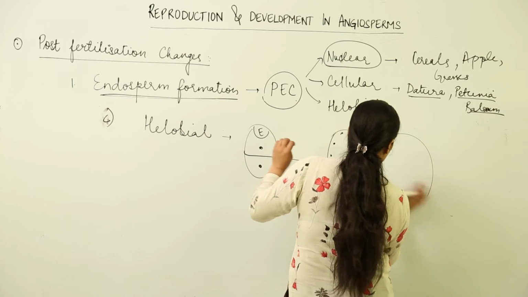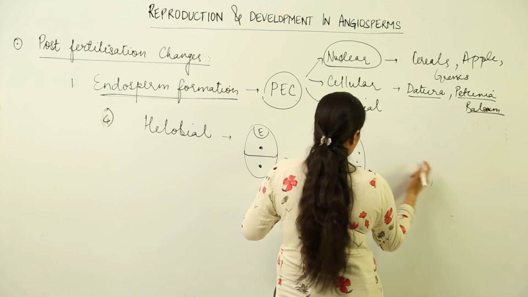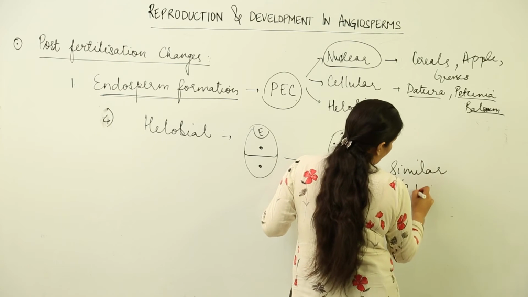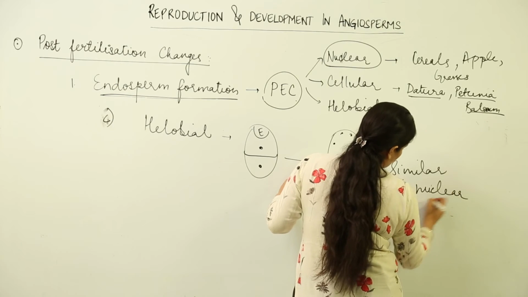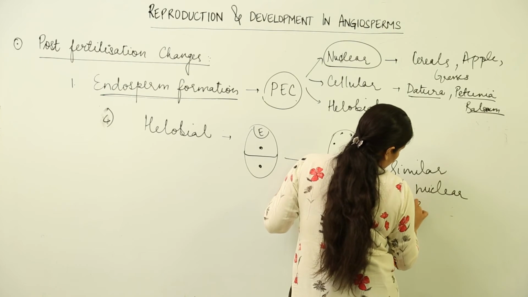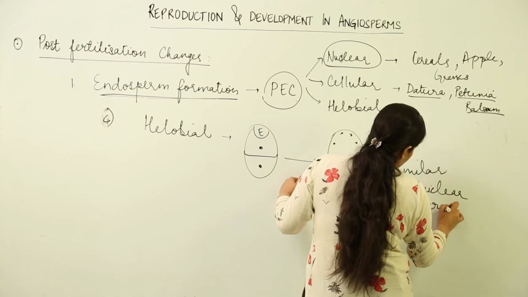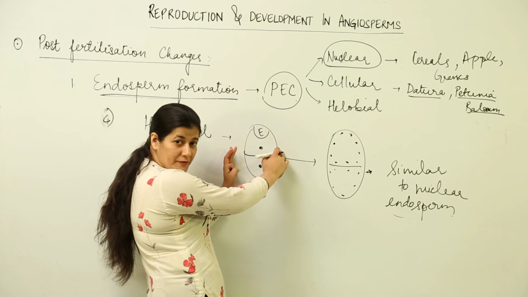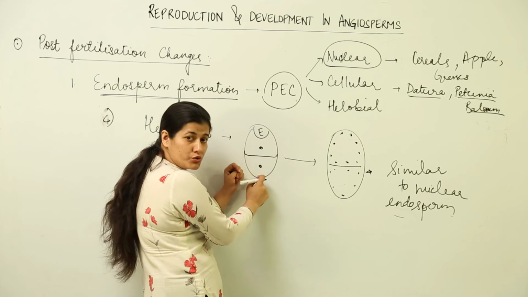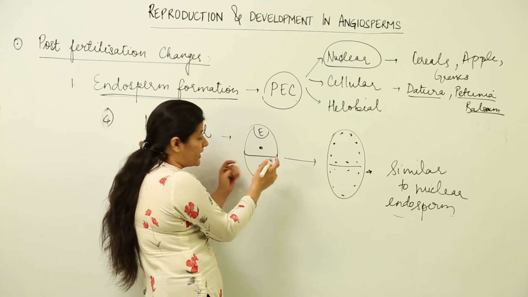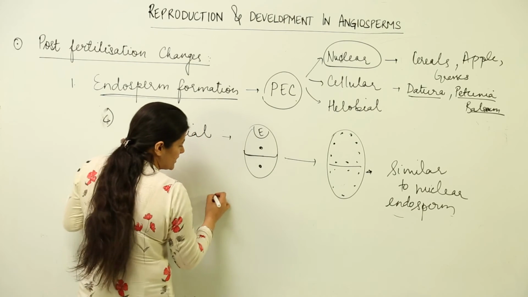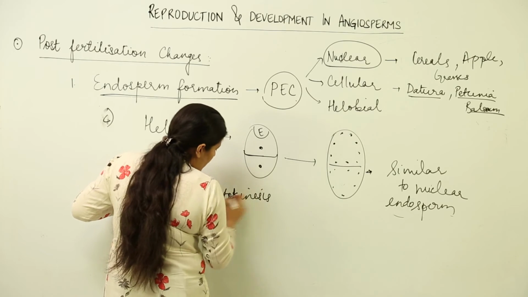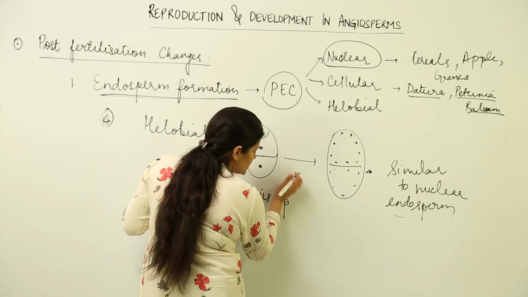Later developments I will not make over here. The rest of the developments are similar to nuclear endosperm, but the first stage is such that the primary endosperm nucleus of the primary endosperm cell gets divided into 2 nuclei, which is followed by cytokinesis. So the first division has cytokinesis, followed by the later mitotic divisions where cytokinesis is absent.